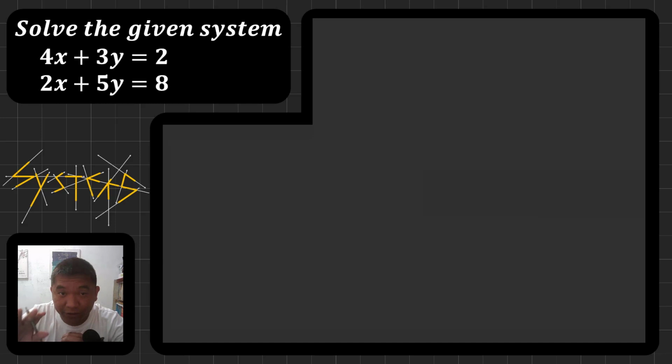Let me rewrite first the equations before I demonstrate how it's done. The first equation is 4x plus 3y equals 2.